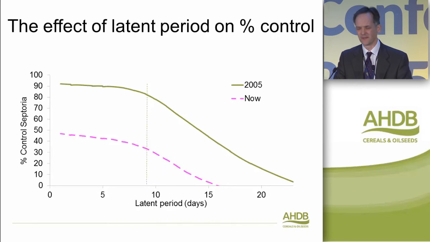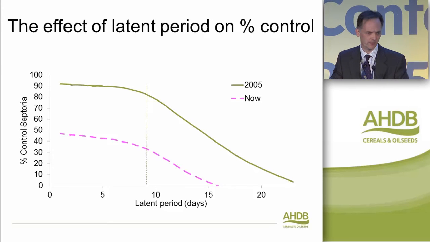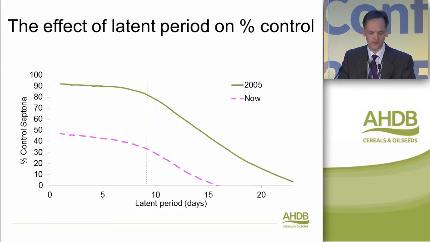What does this mean? We're seeing a decline in azole efficacy. We need to be careful how we interpret that. What I've put up here is purely for illustration, although it is grounded in some degree of science. This just shows the decline in activity that we would expect as you go through a latent period.